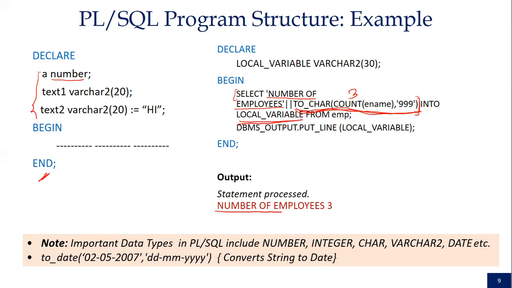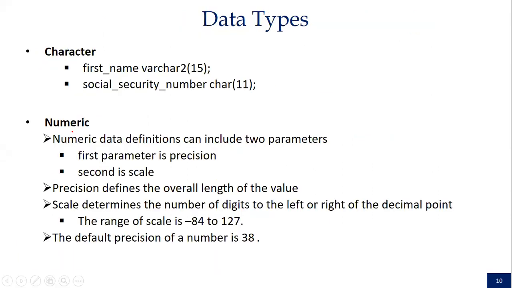This is one variable. So the whole thing will be stored in this local variable as a message. Then whenever you print this local variable, it will print select number of employees. So number of employees will be displayed as it is, and three will be returned by this function, so three will be displayed. Okay, you can write a query as well as a simple message. We will see another example later.